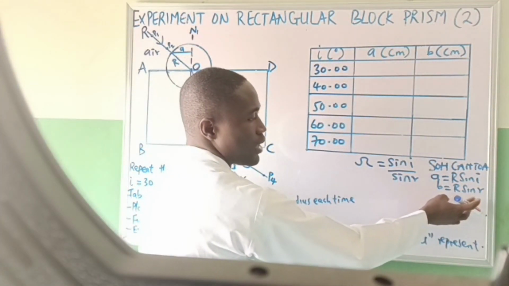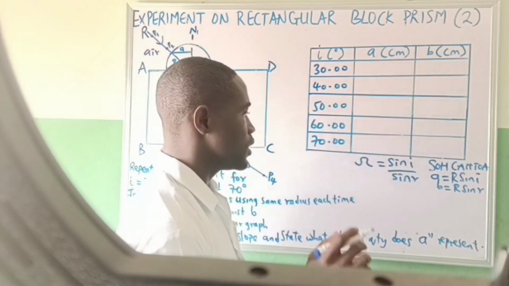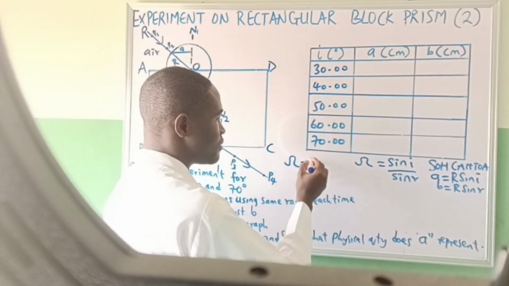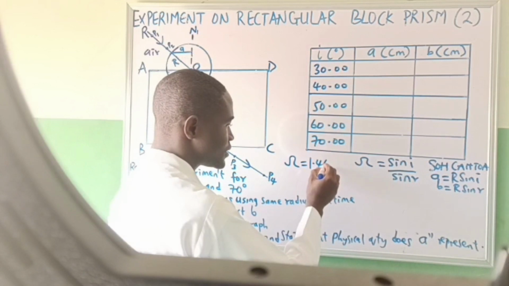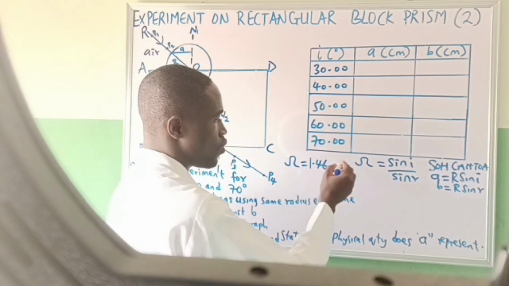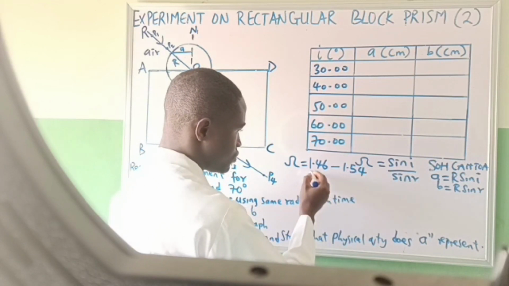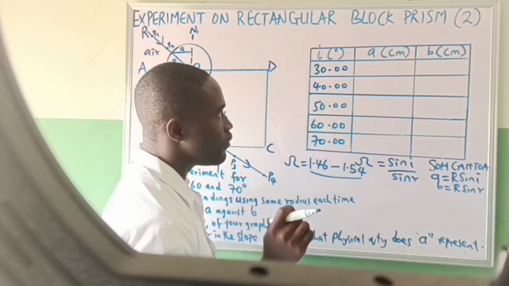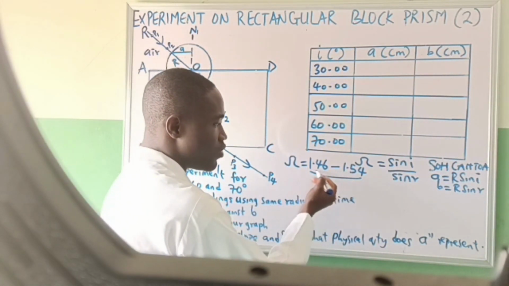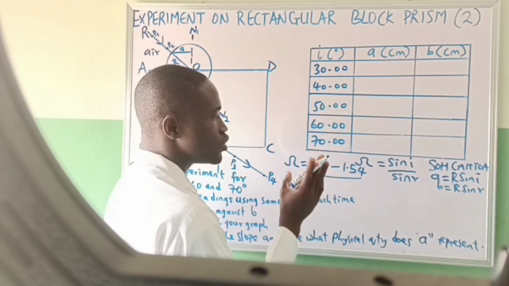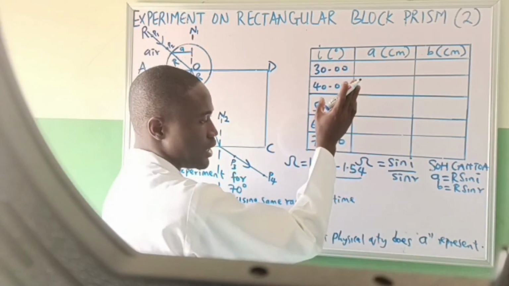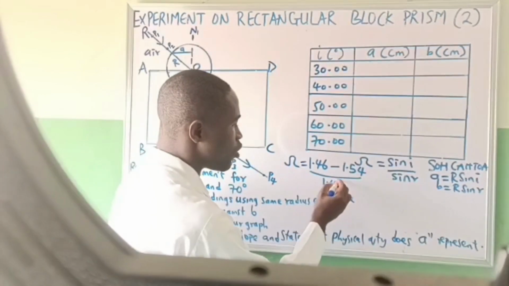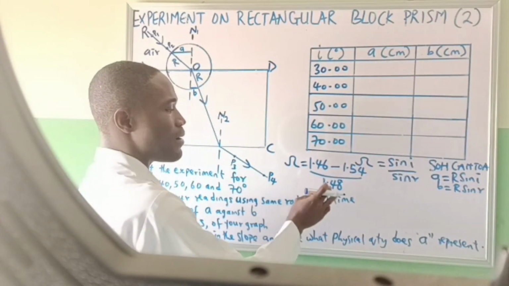After noting the formulas you have to use to get your A and your B, the next thing to note is that the refractive index has a range. The range begins from 1.46 to 1.54. So if we finish solving, we'll still fall within this. But before then, we need to pick a value to use in the calculation. I can pick 1.48, which falls inside this range.